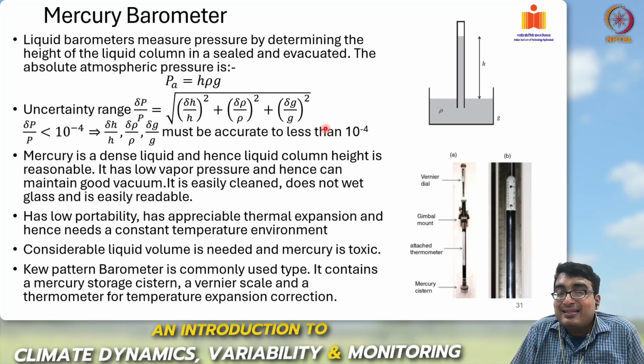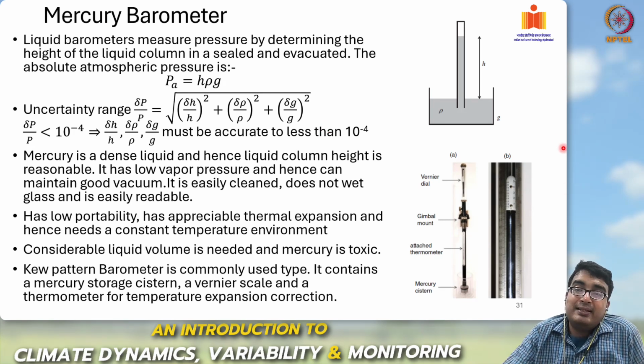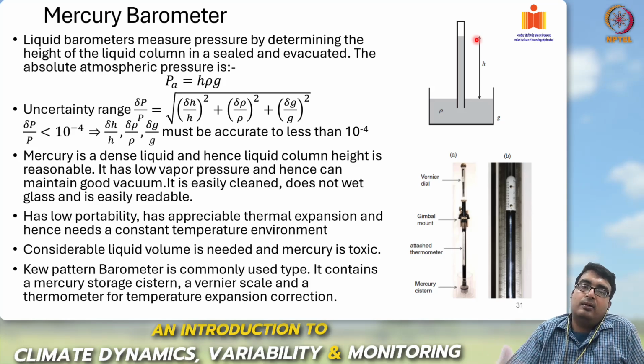Here, mercury has certain advantages. Mercury is a dense liquid and hence the liquid column height remains reasonable. It has low vapor pressure and hence can maintain a very good vacuum, which makes the height based correlation here correct.